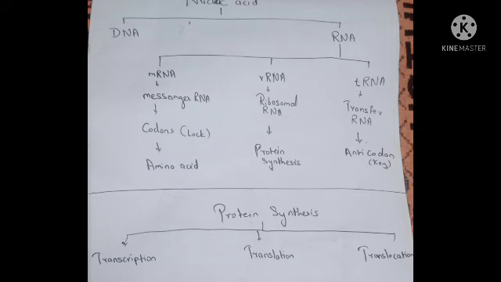Ribosomal RNA is responsible for protein synthesis, a very important function. And the third part is tRNA, transfer RNA. It further gives us the anticodon. Anticodon works as a key. So tRNA and mRNA work like lock and key for protein synthesis.